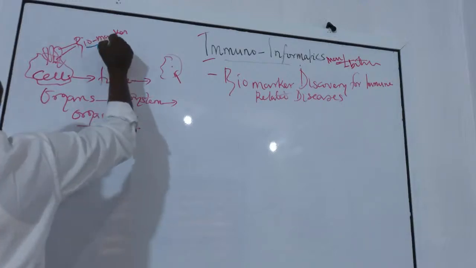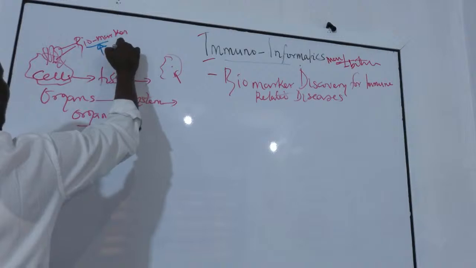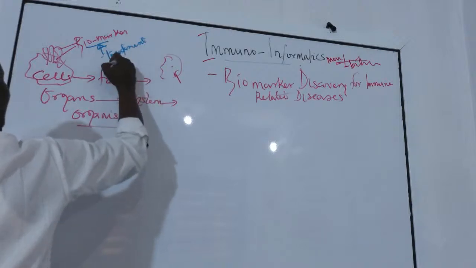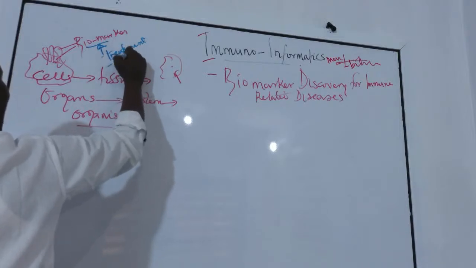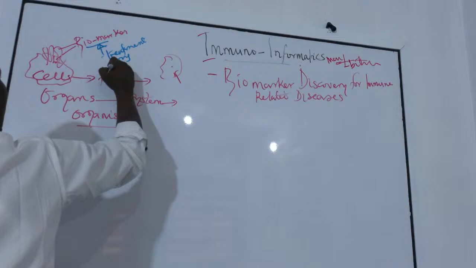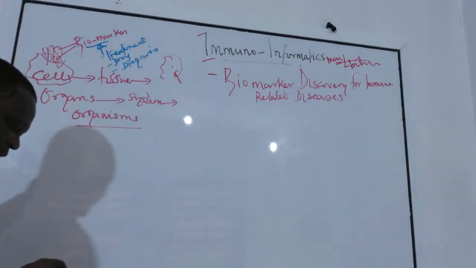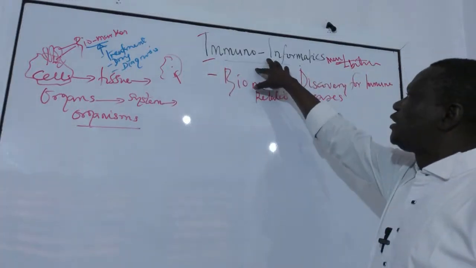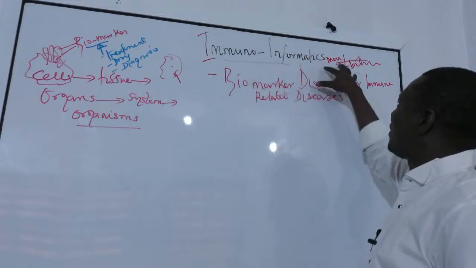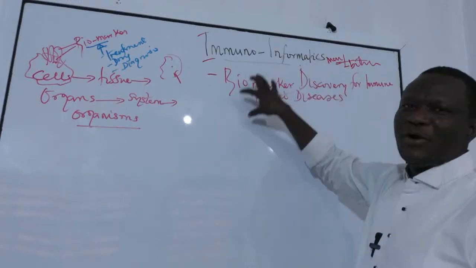These biomarkers could be used for treatment, for drug design, and for diagnosis, and so on. That is what we want to make use of when we apply bioinformatics to understand all this.